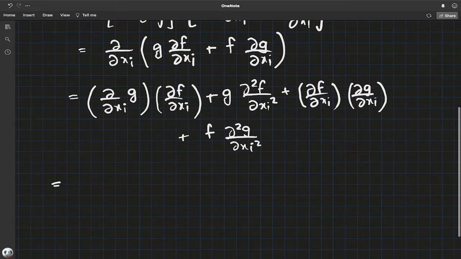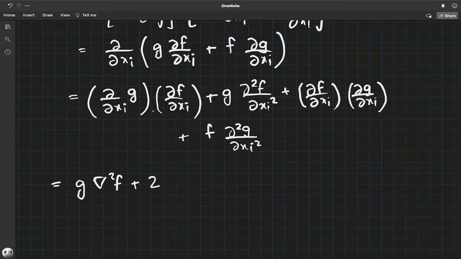So notice this and this term is the same. So all of this just becomes g times the Laplacian of f, because this is just the Laplacian, plus 2. This is the gradient of g and the gradient of f, but they're dotted together because there's no index on either of them.